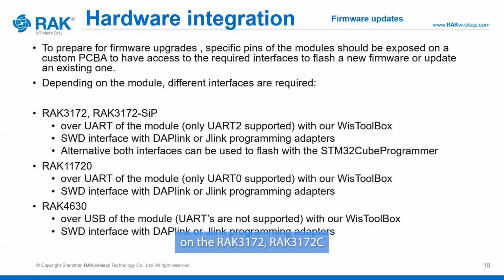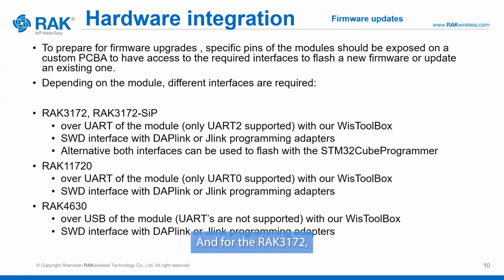On the RAK3172, 3172 SIP, the update can be done over the UART of the module serial port. Only one UART is supported, the UART2, and updates can be done with our WisToolBox application. The other option is to use the SWD interface with an adapter like a DAP-Link or a J-Link programming adapter.